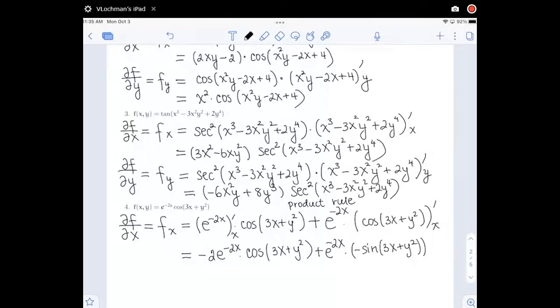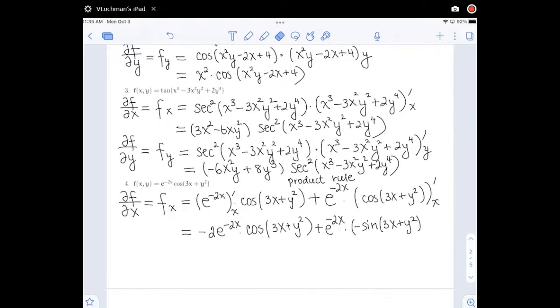And then what else is there? What is the derivative of the argument with respect to x? 3, okay? Times 3. Okay, so let me clean this up a little bit.